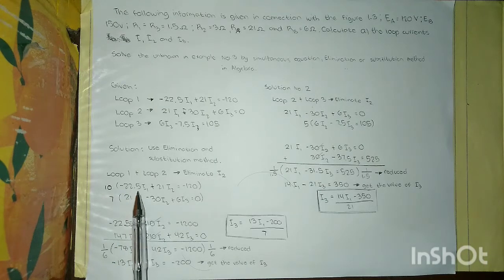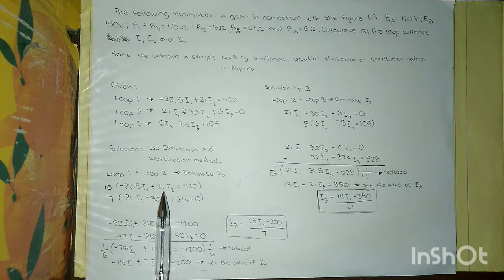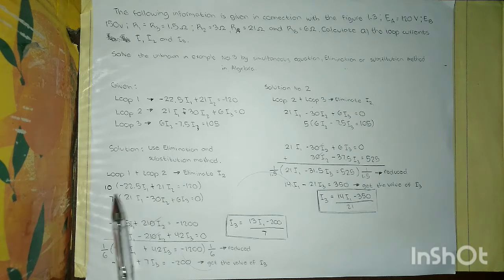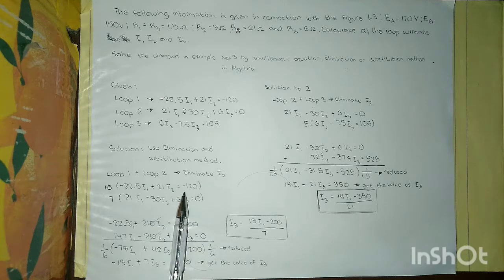So I multiply loop 1 by 10 and the equation of loop 2 by 7. 10 times negative 22.5 I1 is equal to negative 225 I1, and 10 times positive 21 I2 is equal to positive 210 I2, and 10 times negative 120 is equal to negative 1200.